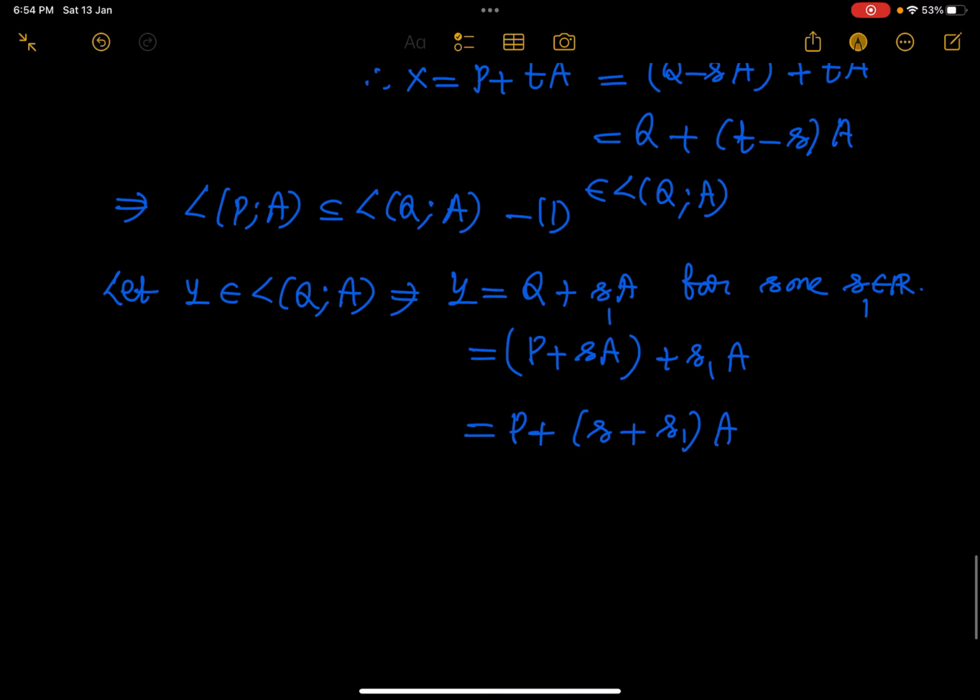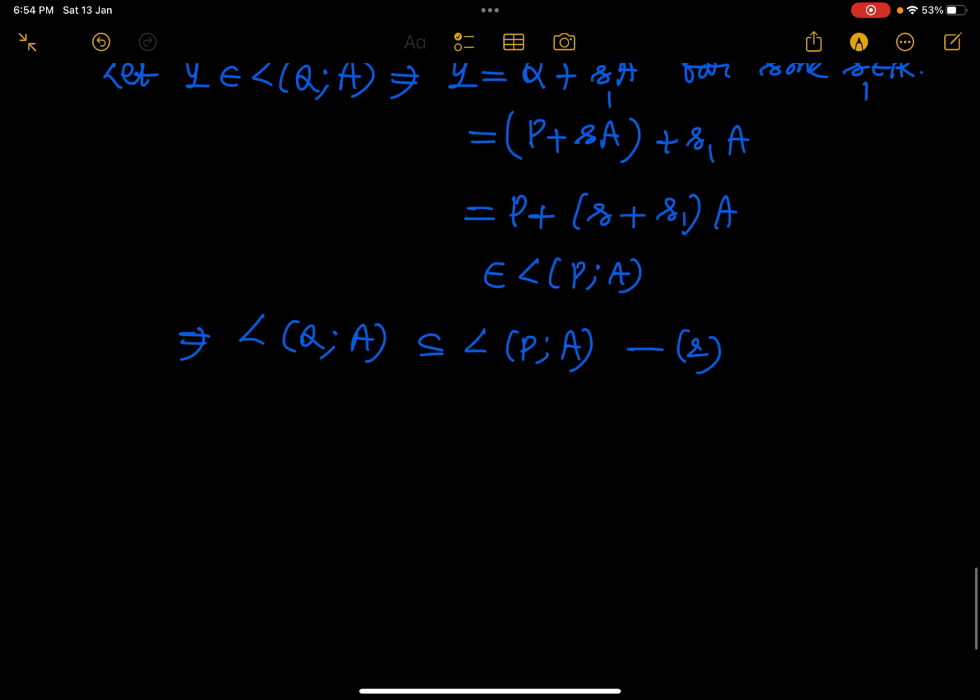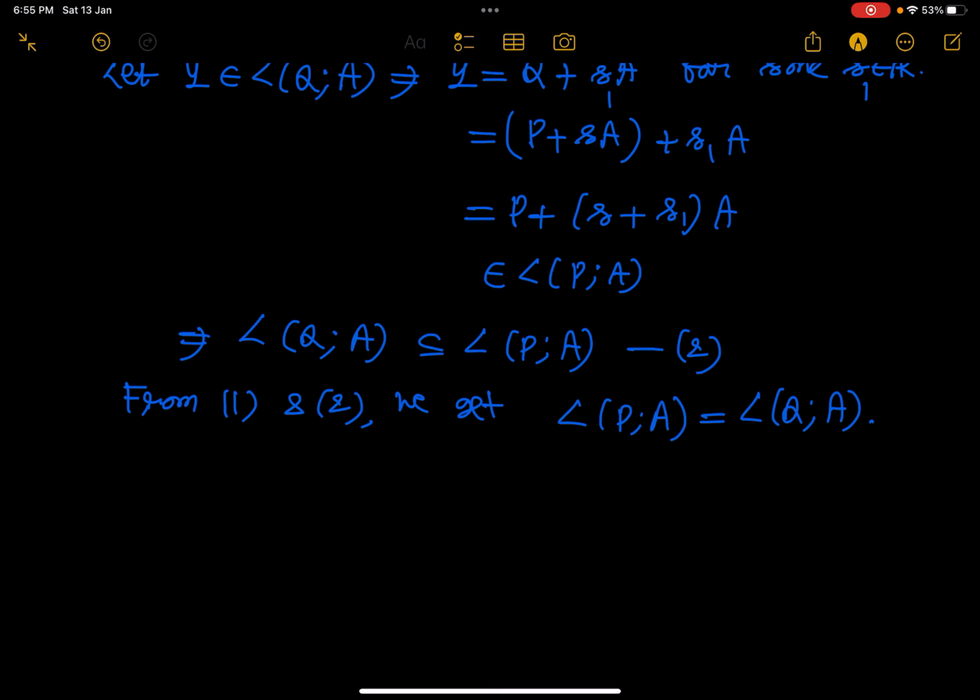But S plus S1 is again a real number, so this belongs to this set. So what I get is that L of Q, A is a subset of L of P, A, equation 2. So from 1 and 2, we get this.